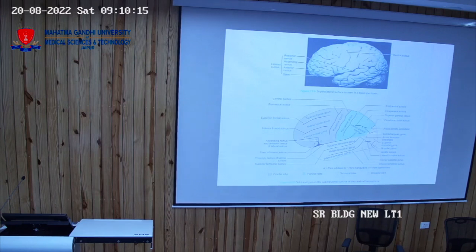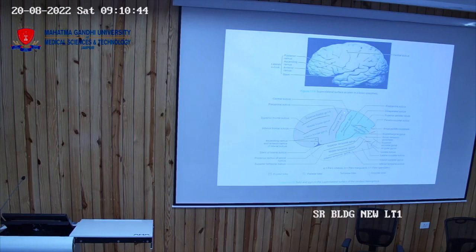The part of the cerebral hemisphere between these two sulci is the postcentral gyrus. The postcentral gyrus is related with the primary sensory area. Just posterior to this, there is the horizontal single line. This is the interparietal sulcus, and this divides the parietal lobe into the superior and inferior parietal gyri.